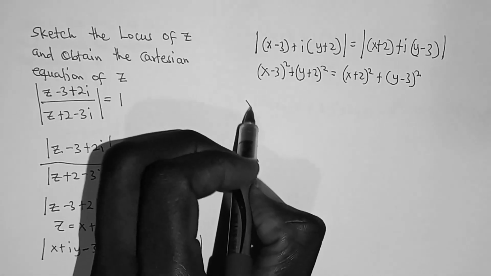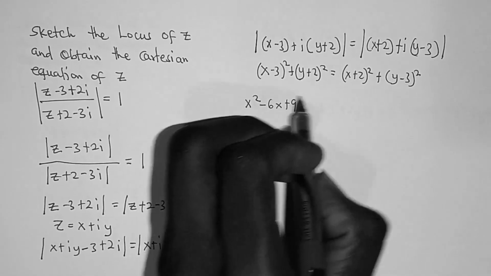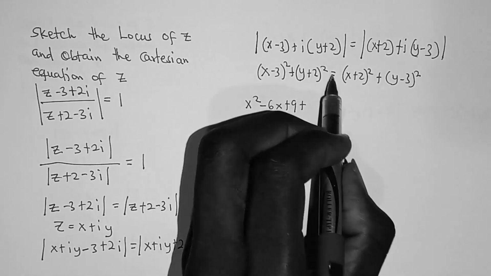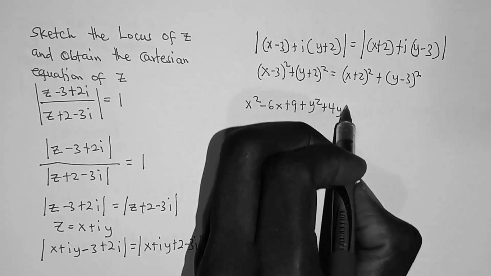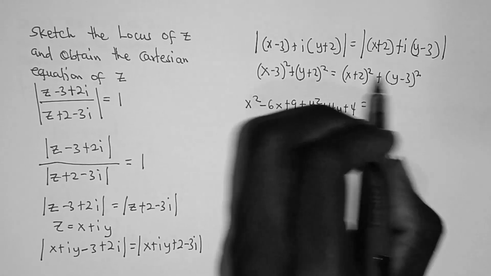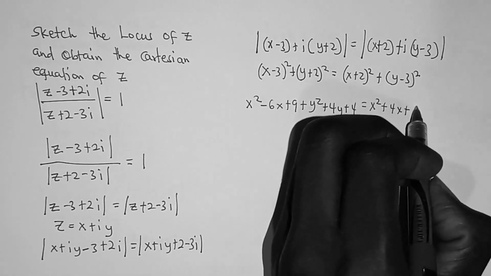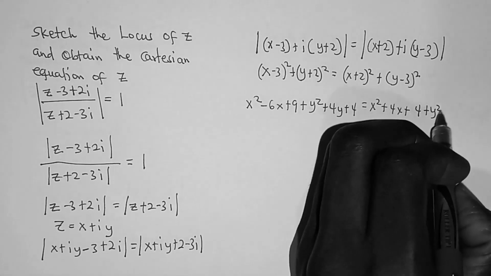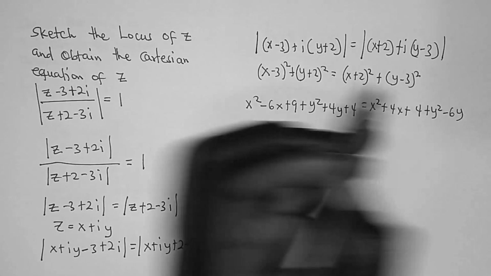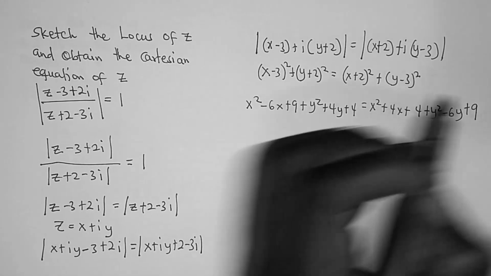So this is x squared minus 6x plus 9 plus y squared plus 4y plus 4 equals x squared plus 4x plus 4 plus y squared minus 6y plus 9.